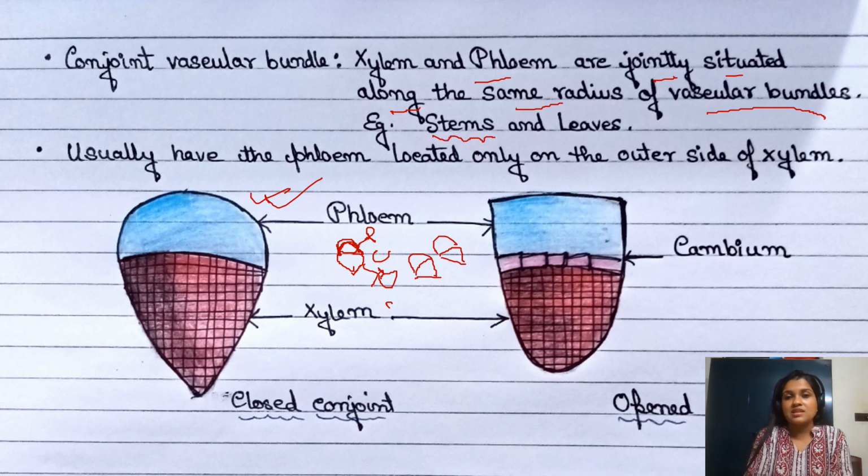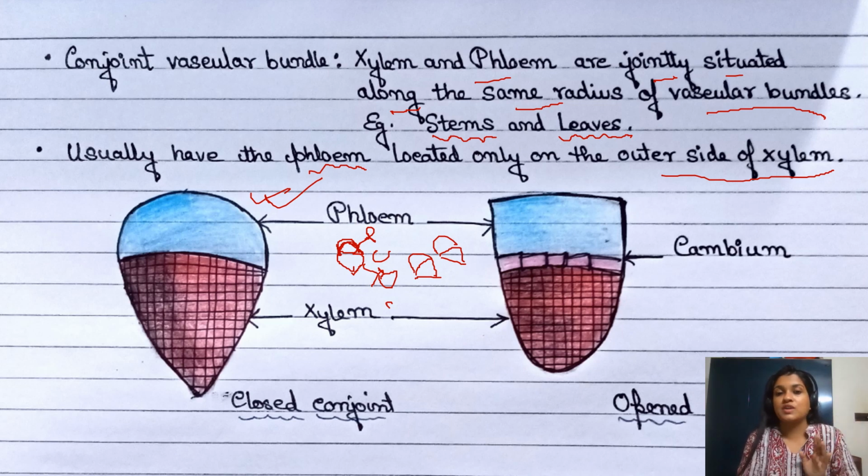It is mostly present in stems and leaves. And it usually has phloem located on the outer side of the xylem. It is the usual thing, बच्चों, ये मान के चलो.